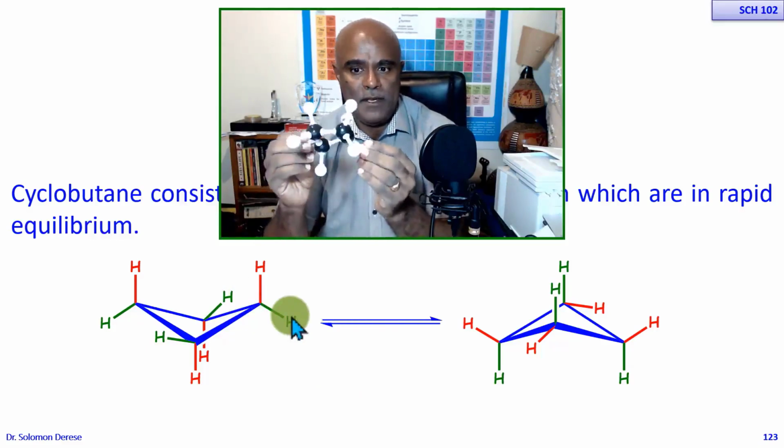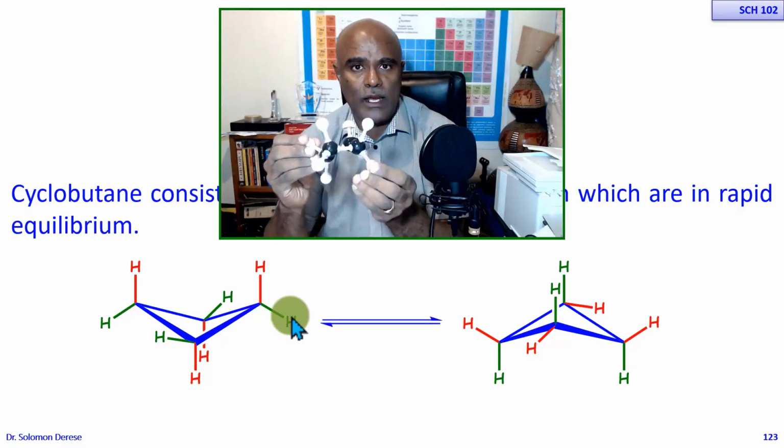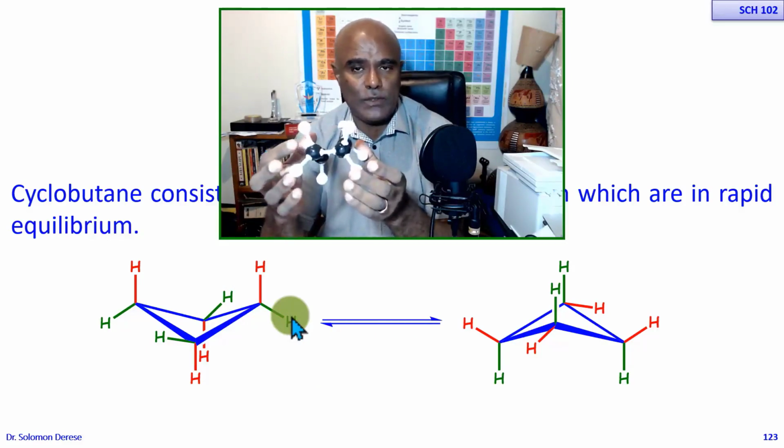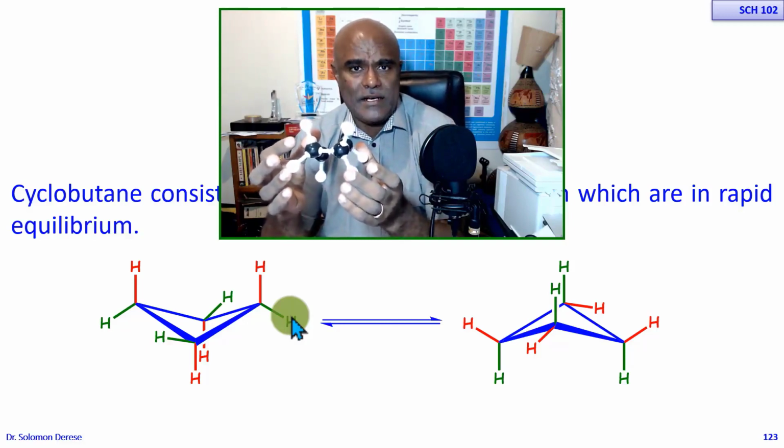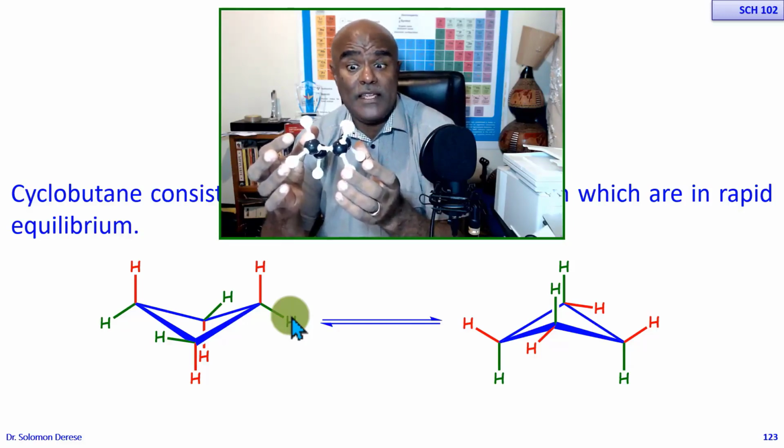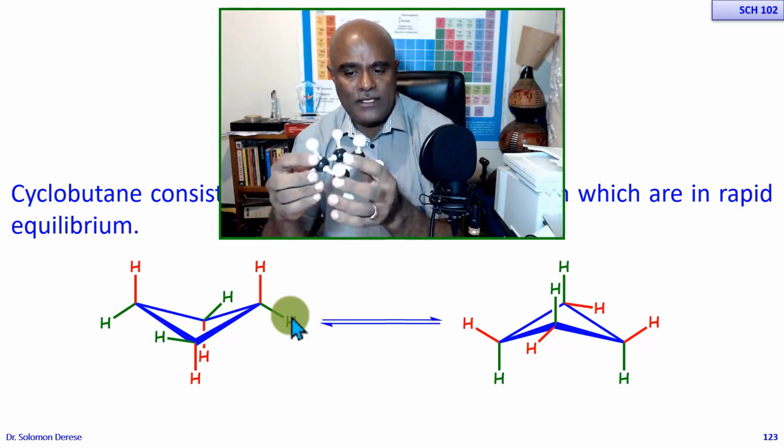Let me replace these equatorial hydrogens with green hydrogens, so that as the ring flips, we see what happens to the substituents that were axial and equatorial. Okay, let's see what happens.